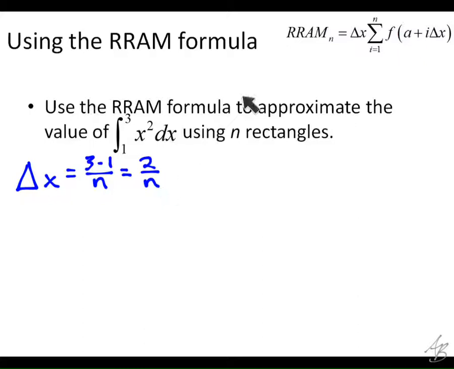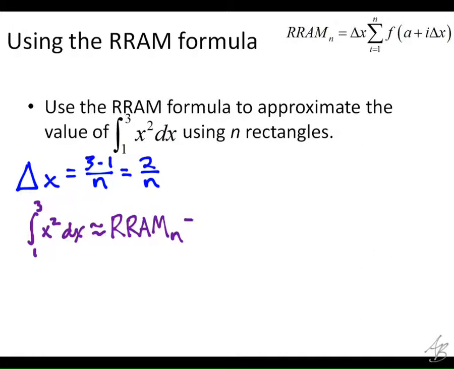Then I'll go ahead and set up the approximation just like I normally do. The integral from 1 to 3 of x squared with respect to x is approximately equal to this RRAM, and I'm going to put that in there just for a clear line of reasoning. RRAM n, so n is arbitrary now. It can be any number we want.